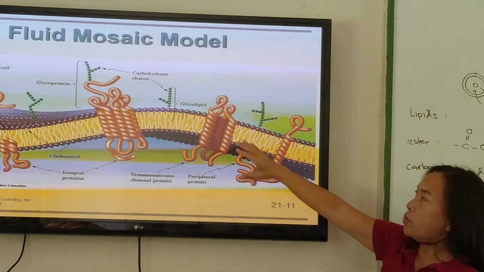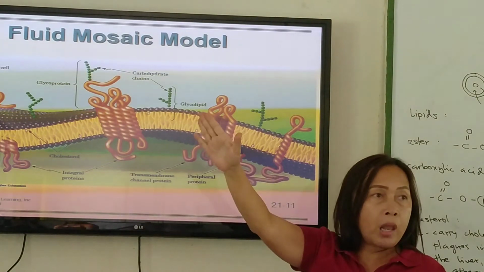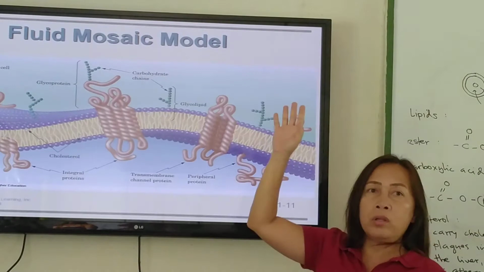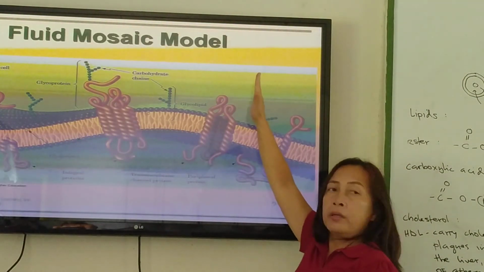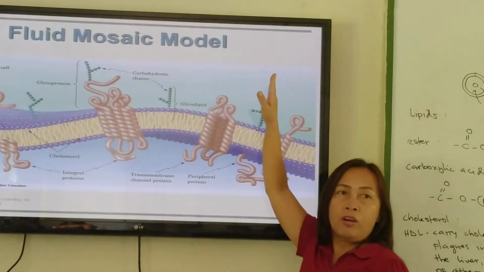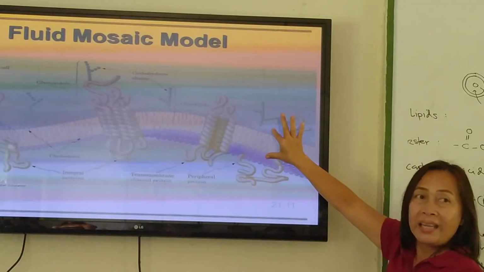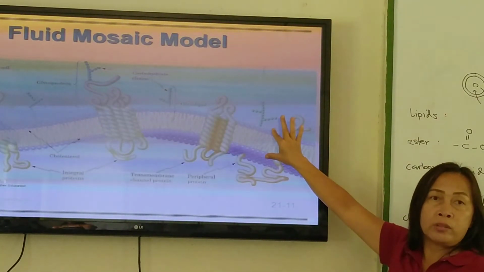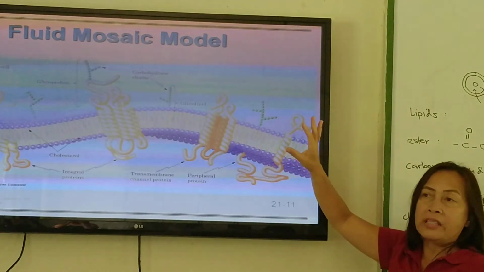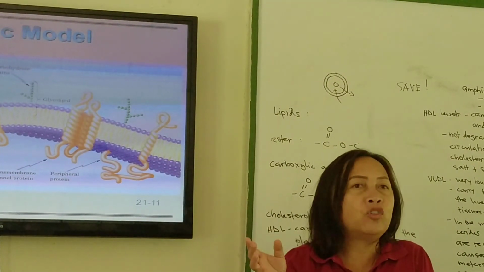Now, the whole structure of the phospholipid facilitates the transport of small and uncharged particles. Remember, the role of the membrane is the transport of molecules in and out. And of course, the role of the phospholipid bilayer is the transport of small and uncharged particles. For example, water molecules are small and are said to be uncharged.